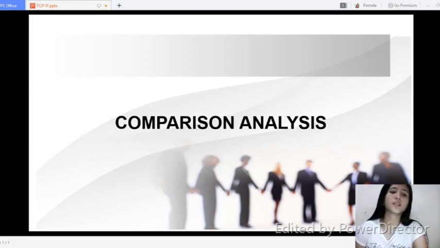It is basically described as a comparison analysis or comparative analysis. It is used to measure the financial relationship between two variables over two or more reporting periods.